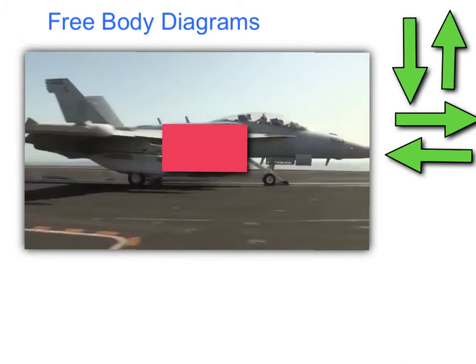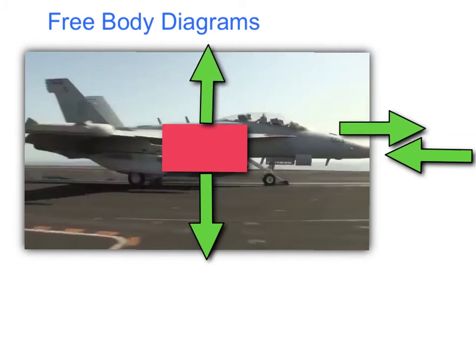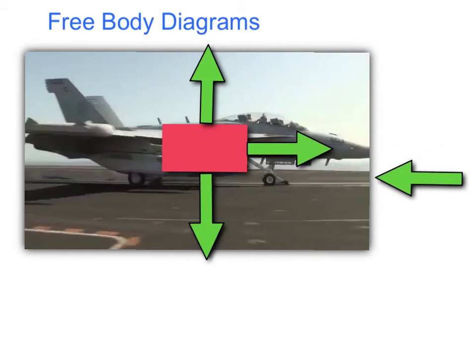Okay, I hope you got it. So the first force, as always, is going to be gravity. So this is going to be gravity. We got the normal force or the surface force over there. We got the push or pull in that direction and the friction the opposite way. You got it like this?